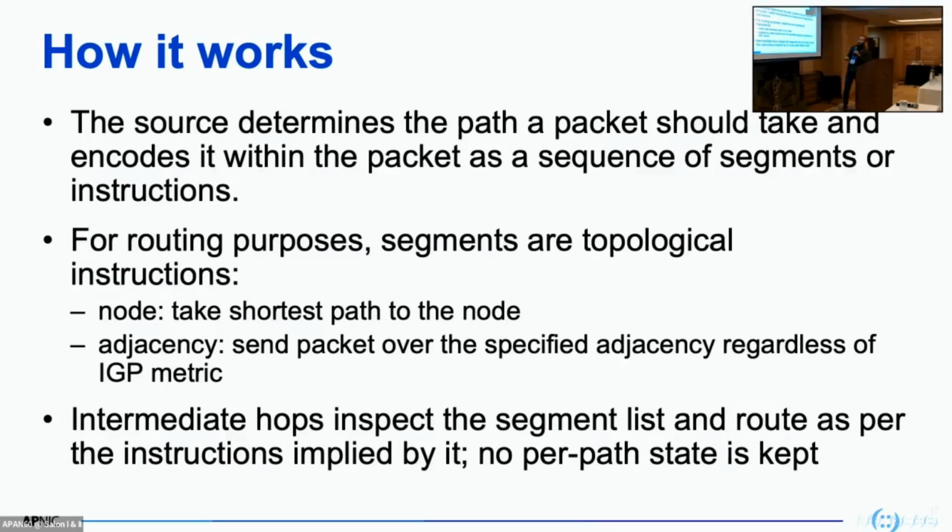Okay. Now, the intermediary routers usually will just check the segment list and do normal packet switching. If it is MPLS, it will do label switching, normal switching. But no state is kept. It means that for the other MPLS that we have just seen, you need to keep the states.